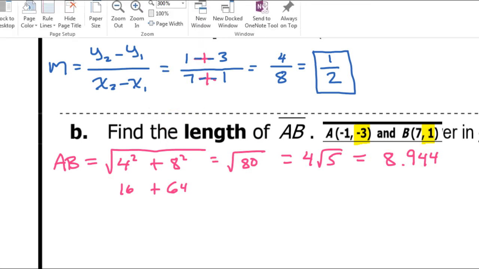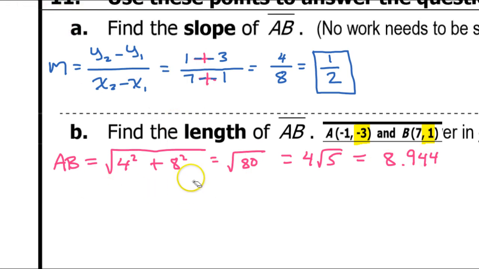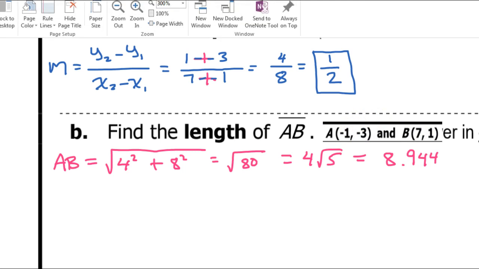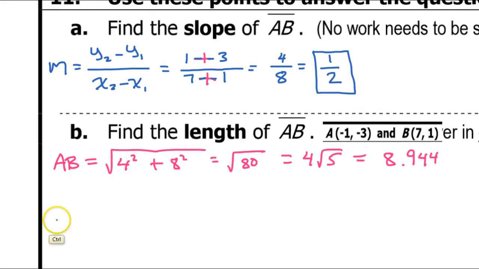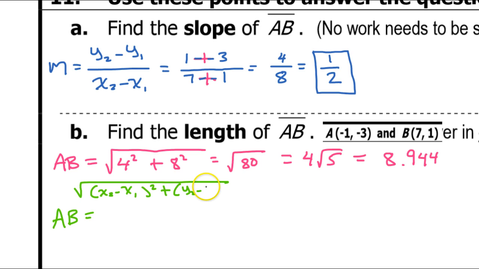Okay, so that's one way to look at it. Here's one other way of looking at it. There's something called the distance formula. So instead of looking at it as the Pythagorean theorem, I could think of it like this. The distance formula says that the distance will be the square root of x2 minus x1 squared plus y2 minus y1 squared.